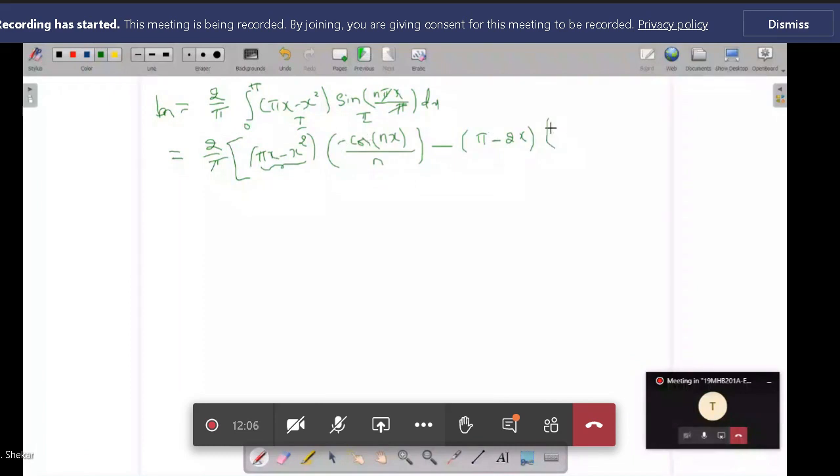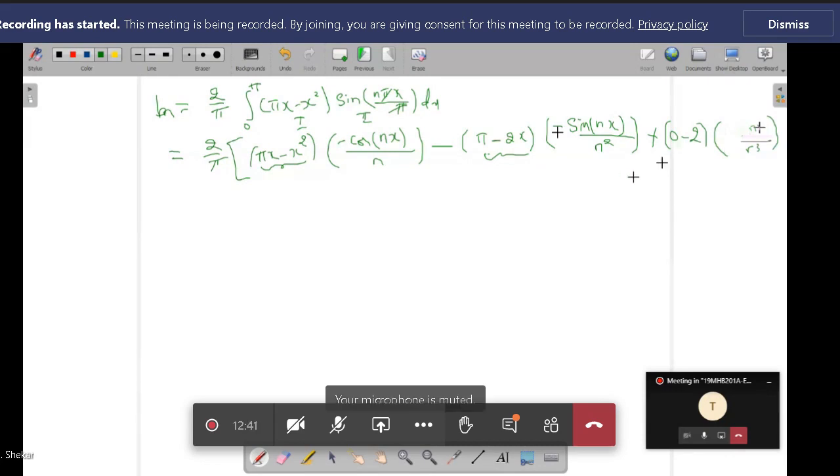So we have negative sign minus integration of cos is sin nx divided by n into n square, again plus derivative of pi is 0 and derivative of 2x is 2, so minus 2 into integration of sine is negative, negative becomes positive, cos nx divided by n cube, and final last term is derivative of 2 is 0. So we stop by this rule here, limits from 0 to pi.